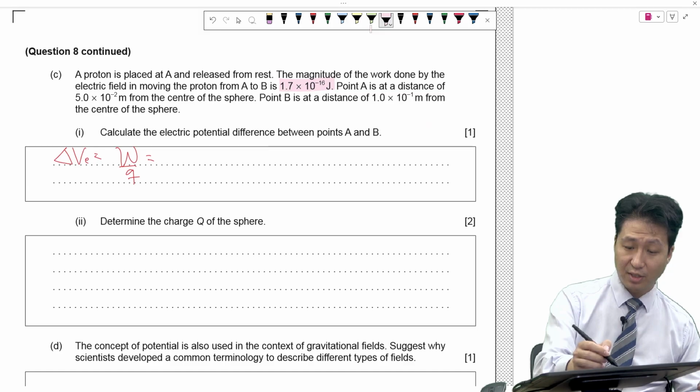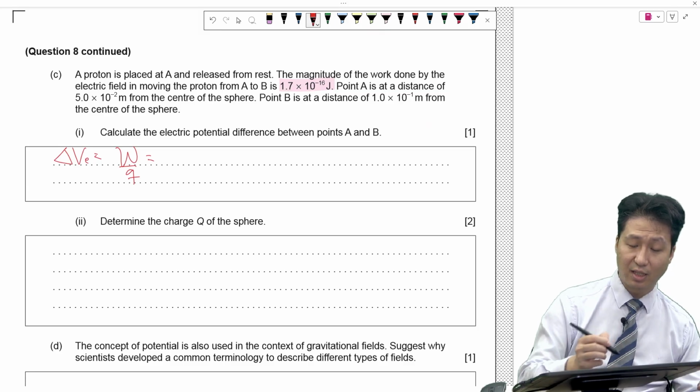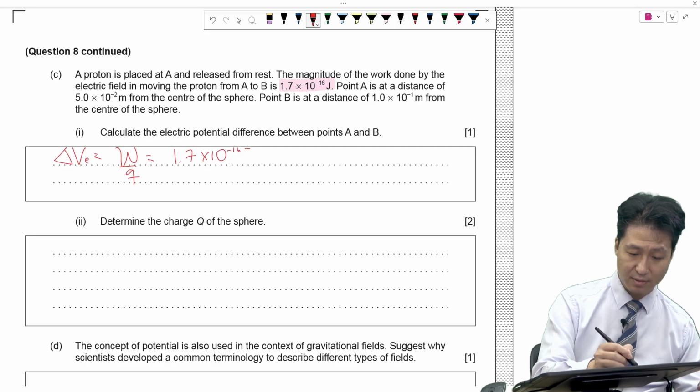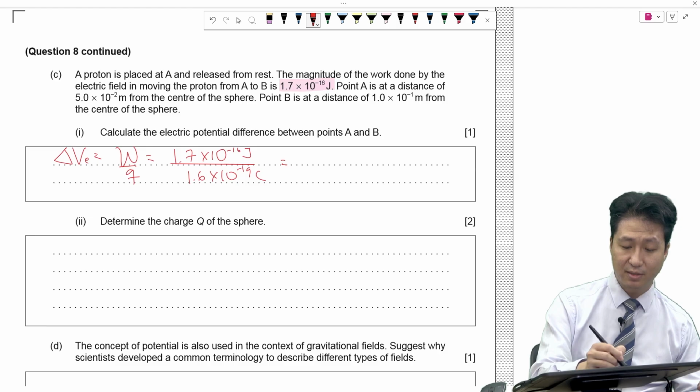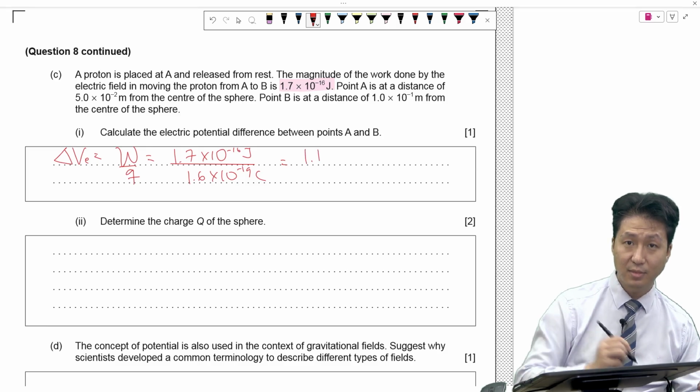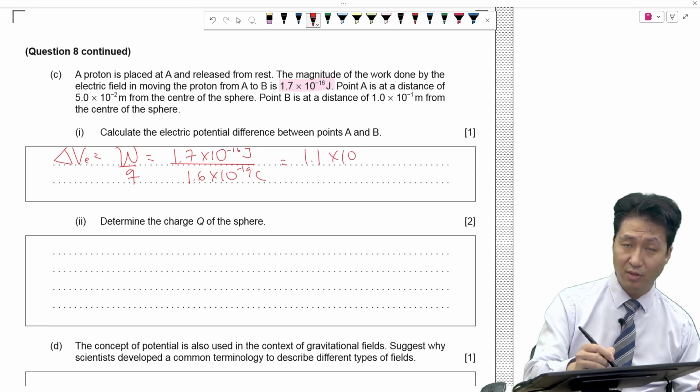And it does give us the work done. The work done is 1.7 times 10 to the negative 16 joules. So let's put that into the equation, divided by the charge. And of course, the charge of one proton is simply 1.6 times 10 to the negative 19, exactly 1e. Using your calculator, you should get approximately 1.1 times 10 to the third volts.